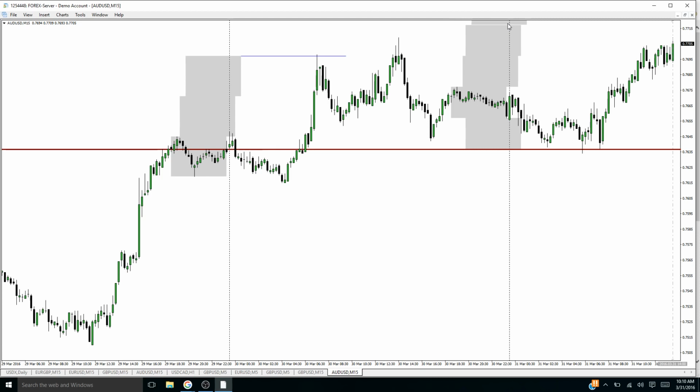That's a little bit higher than it needs to be, but it's just a hair, so I'm not worried about it. But this is a standard buy template.